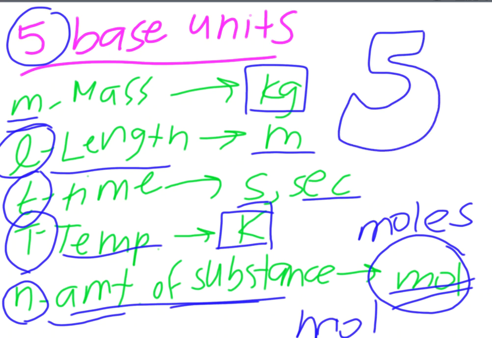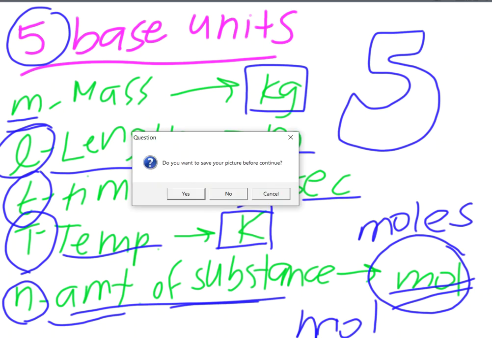for chemistry. It's important to know these because you're going to use these later on when you do more application stuff in chemistry. So now let's talk about the 5 derived units.